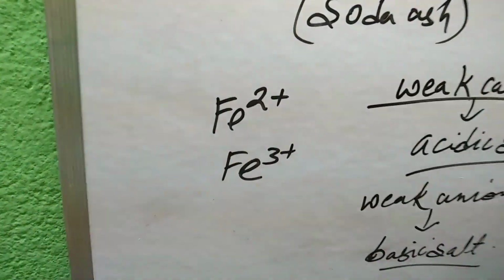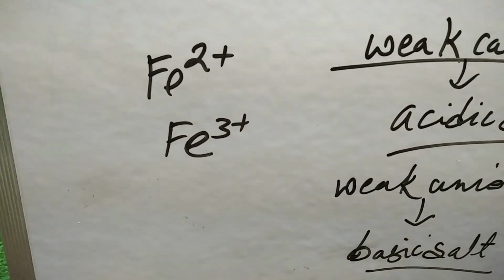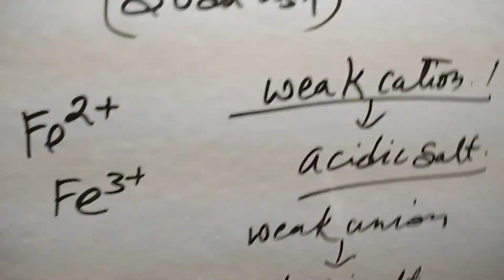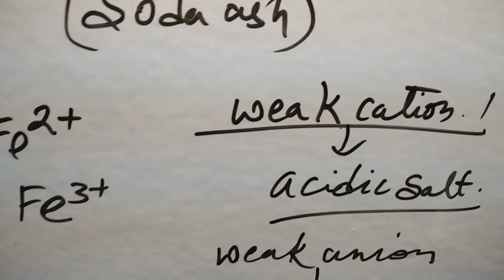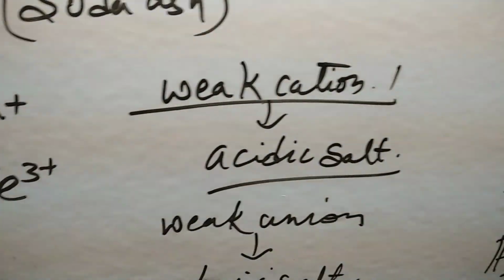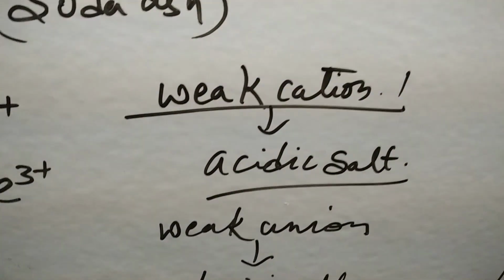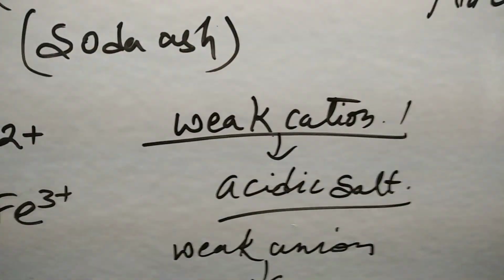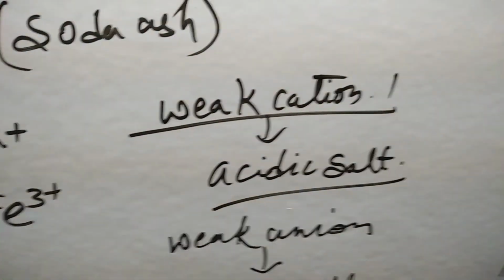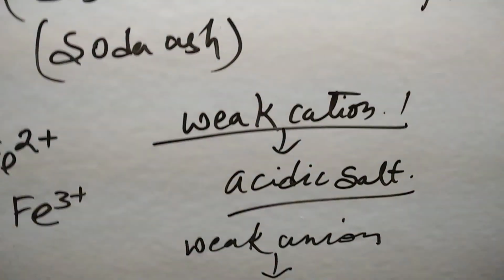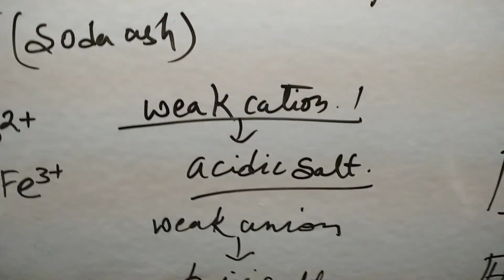So Fe3 plus is a weak cation. So we can say that the elements which release more electrons are weak cations, and those which accept more electrons are weak anions. Okay students, understand?